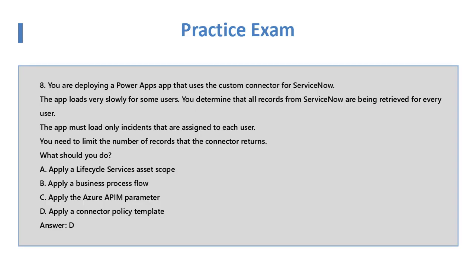What should you do? A. Apply a Lifecycle Services Asset Scope. B. Apply a Business Process Flow. C. Apply the Azure APIM parameter. D. Apply a Connector Policy Template. Answer: D.